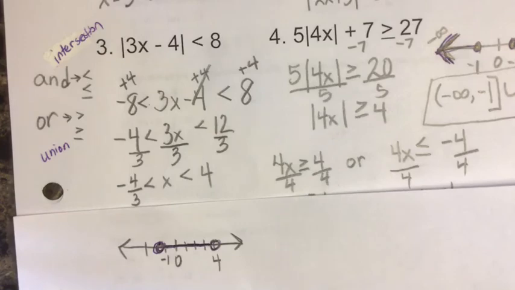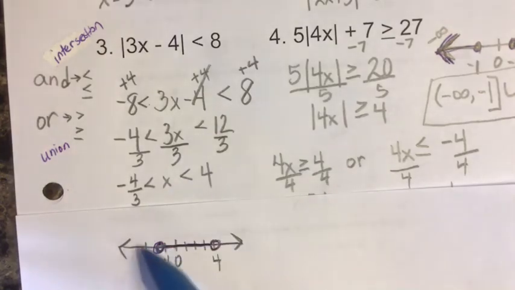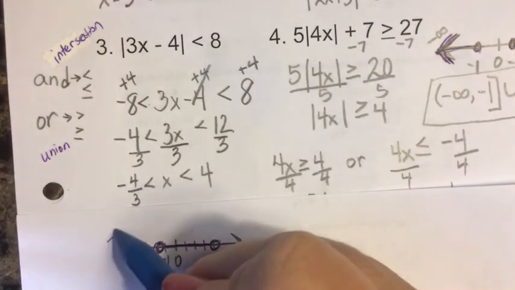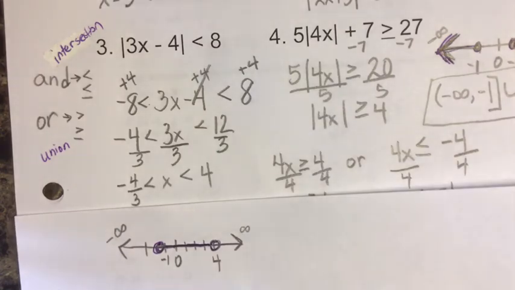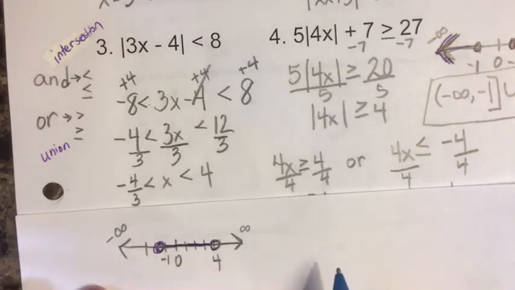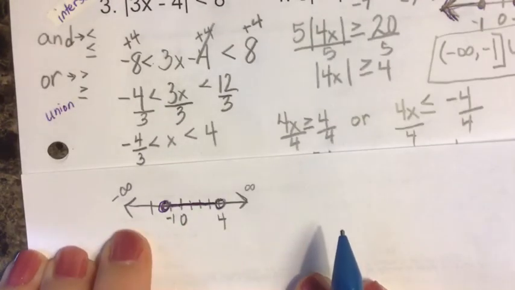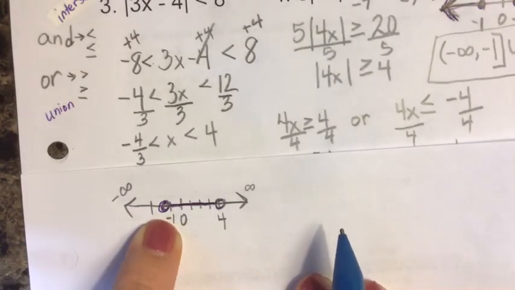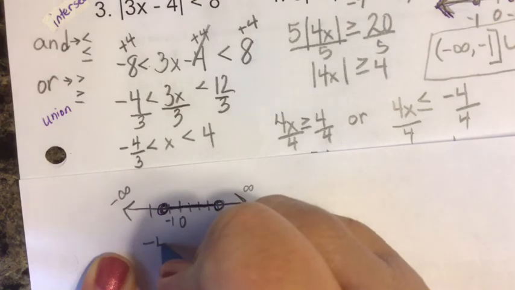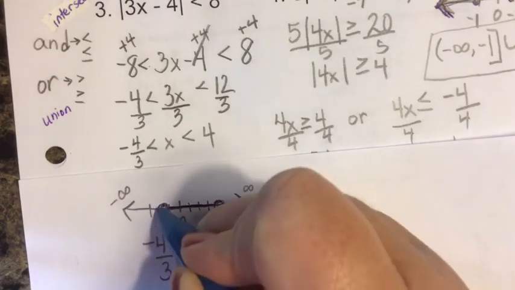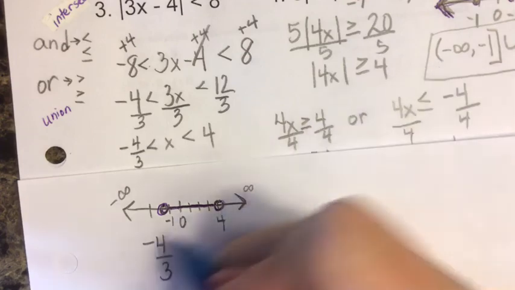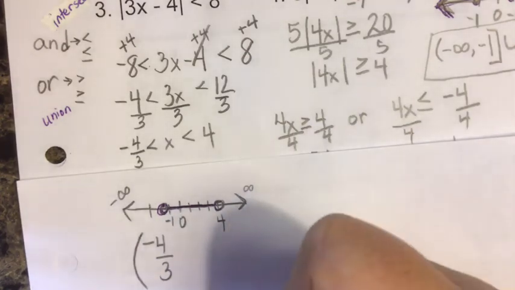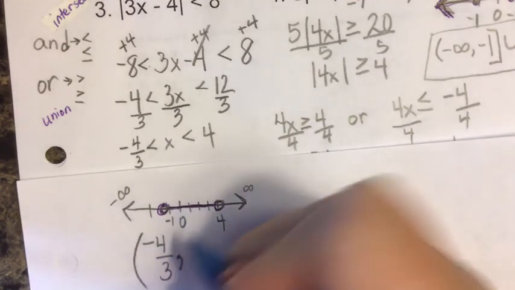The interval notation for this: do you have shading over here at negative infinity and at positive infinity and or? No, I don't. The shading on this number line, reading from left to right, begins at negative 4/3. It's an open circle, so just like infinity over here, you put a parenthesis, then you put a comma.